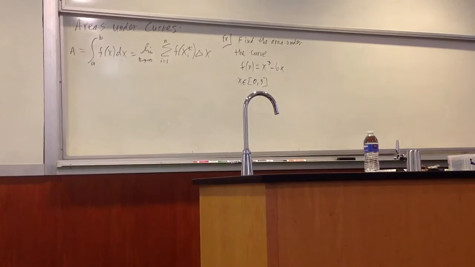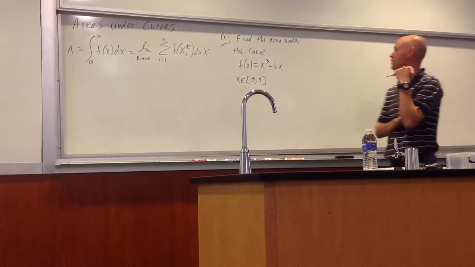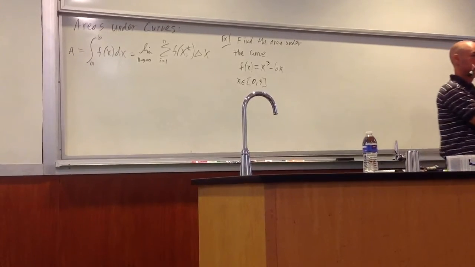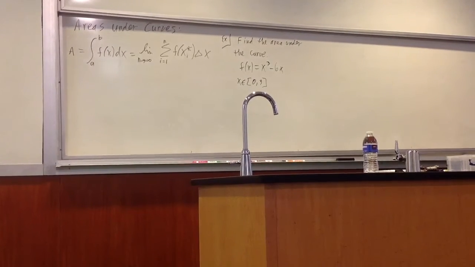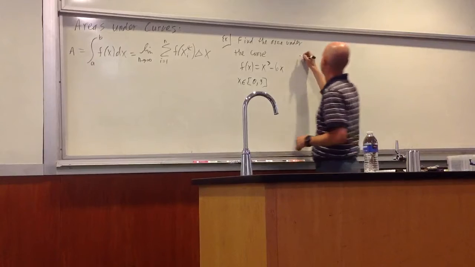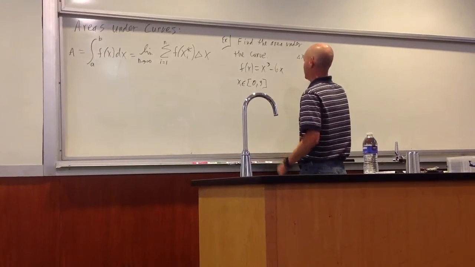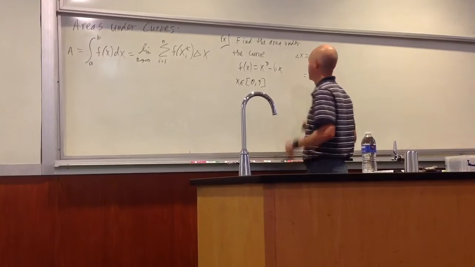Do you have the formula? No, just keep it in. So delta x is b minus a over n. In our case, it is going to be 3 over n.